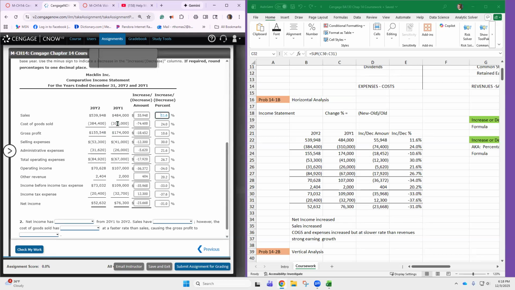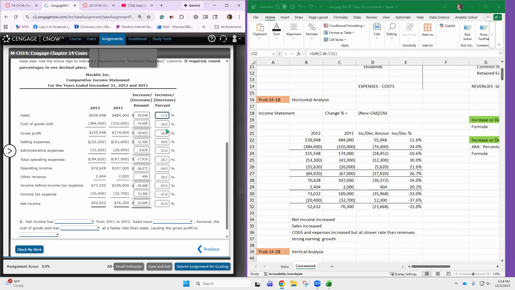No matter what, if you sell more stuff, you're going to have more cost of the goods that you sold. Are you with me? If I sell coffee cups, the cost of this coffee cup, I still have to buy more coffee cups the more I sell, right? So that's naturally going to go up.